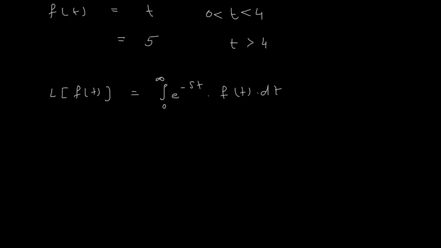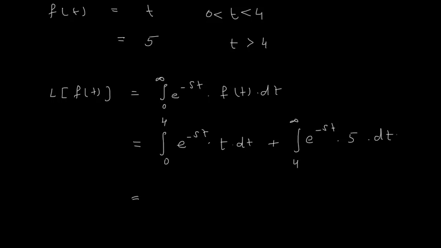So for that we will split this integral from 0 to infinity as 0 to 4 and then 4 to infinity. So I will say 0 to 4 e raised to minus st into t into dt plus 4 to infinity e raised to minus st into 5 into dt.